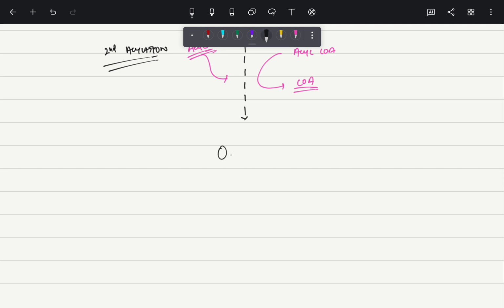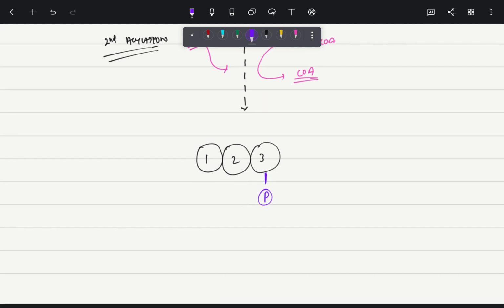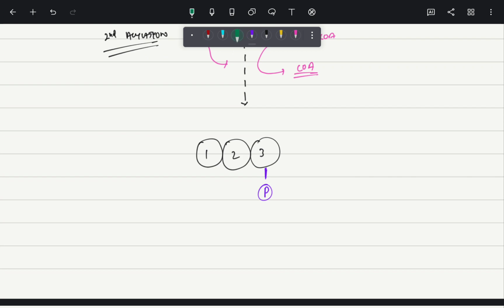This is the glycerol which was having 1, 2, 3. On the third carbon we already have the phosphate. I will draw a little bit bigger here. First carbon, second carbon, third carbon. I already told you that on the third carbon we were having a phosphate, and we were having an acyl group present on the first carbon.